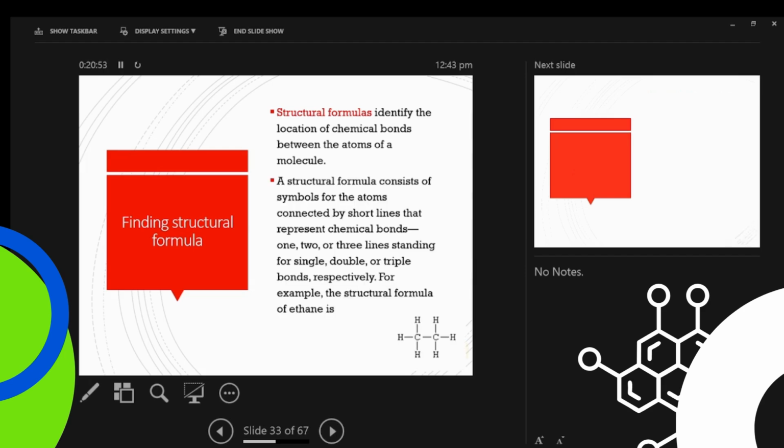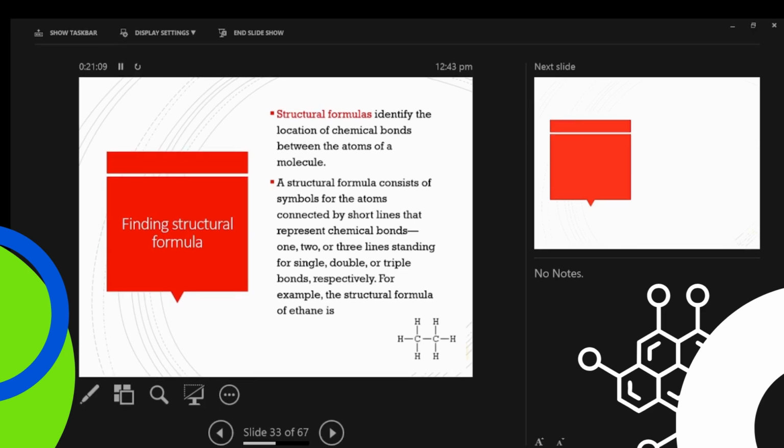So the structural formula consists of basically the symbols of atoms. For carbon we use C, for hydrogen H, this was a very basic thing, and we are going to connect them with very short lines, like CH, and then we have to represent how many bonds are there, whether single, double, or triple. So here is the formula of ethane.